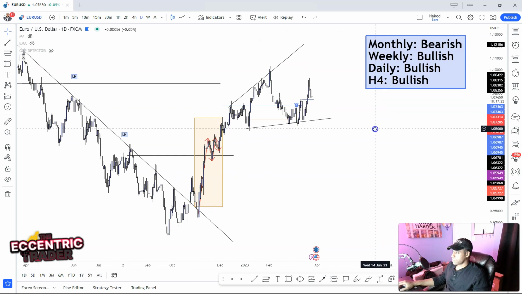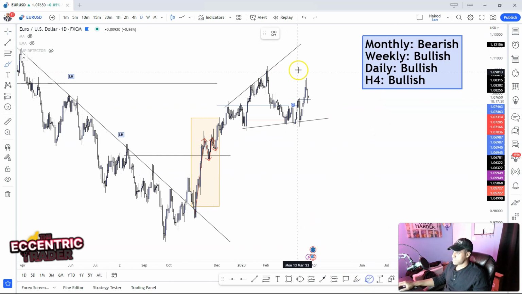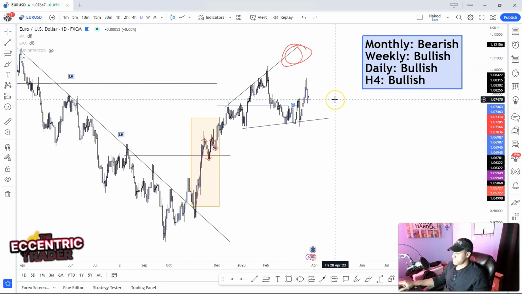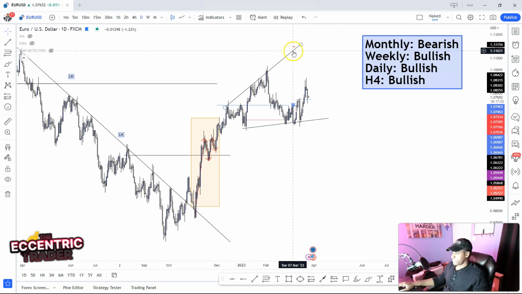So we can almost anticipate price to touch somewhere up here, just because that's what it does. That's what price does when it gets into these rectangles, triangles, this megaphone. They consolidate in the shape of whatever shape it is. And we can use that to our advantage and to our awareness.